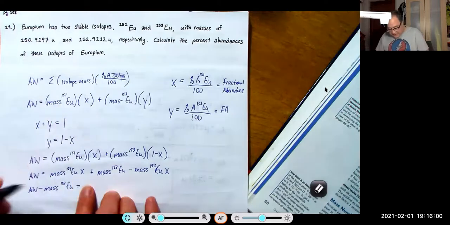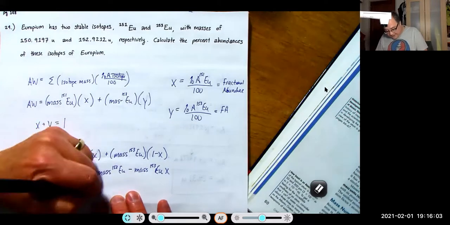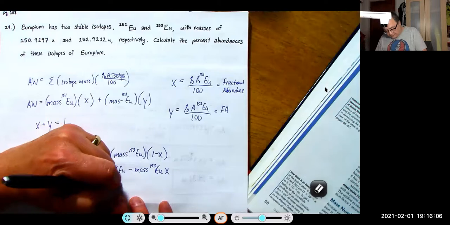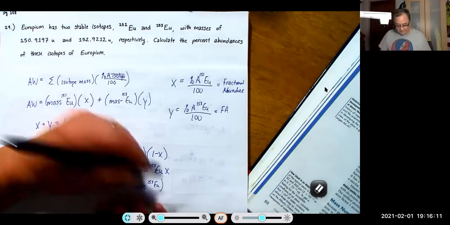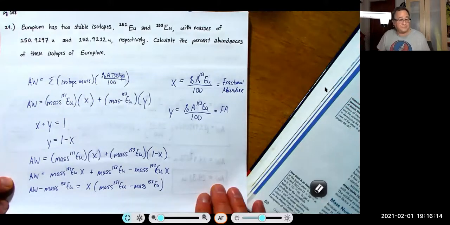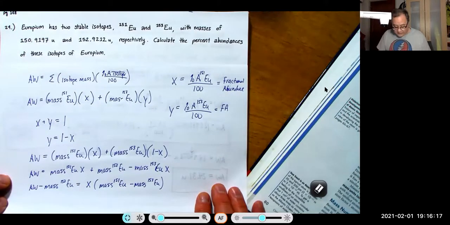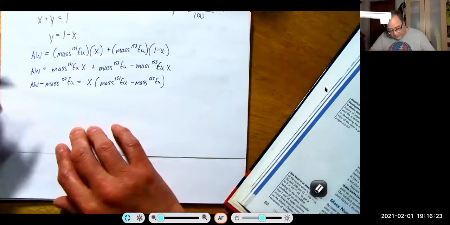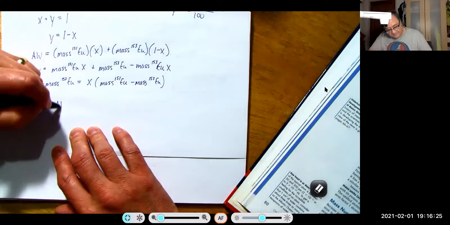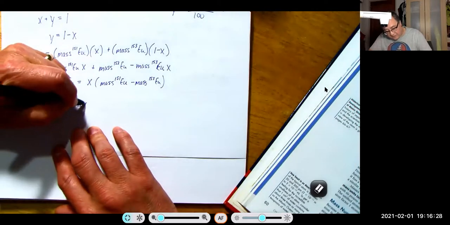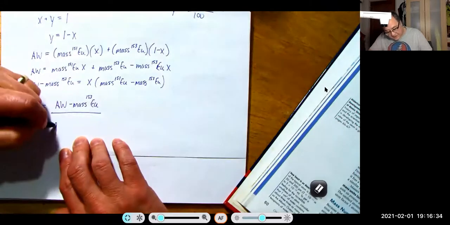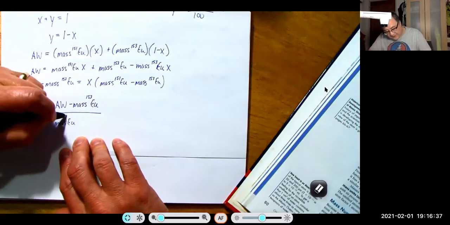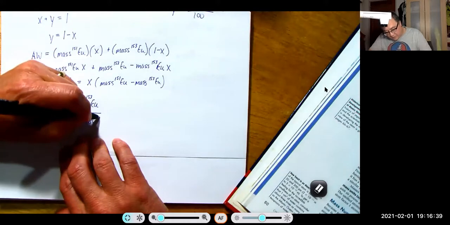And on this side, I'm going to divide X out and get mass of 151 europium minus the mass of 153 europium. And then we can solve for X: X is going to be the atomic weight minus the mass of europium 153 over the mass of europium 151 minus the mass of europium 153.